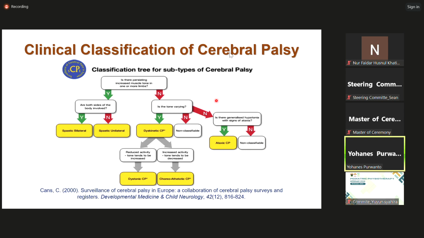But if we don't find any spasticity or fluctuating tone, the last question is whether there is generalized hypotonia, maybe a pure hypotonia, or if we find an imbalance problem or a coordination problem, it may be ataxic cerebral palsy. So this algorithm makes it easy for us to make a clinical classification of cerebral palsy in our clinical practice.